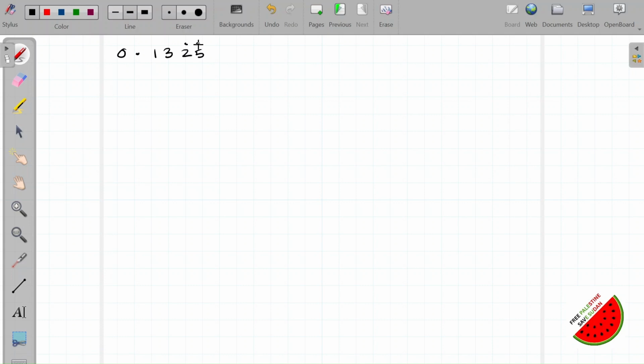Here we have 2 non-recurring digits after the decimal point. Can you see that? 2 non-recurring digits. So here I'm going to multiply it by 100.